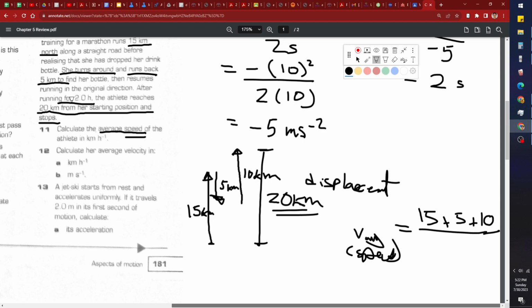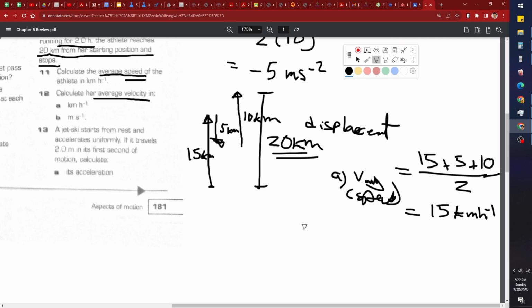And it says she ran that in 2 hours. We have our distance in kilometers. We have our time in hours, so we're just going to write that like that. So it's 30 divided by 2 is 15 kilometers per hour. Okay, that's A, 12A.